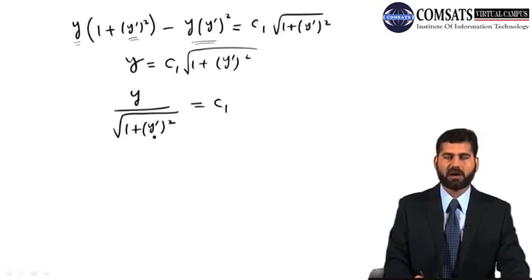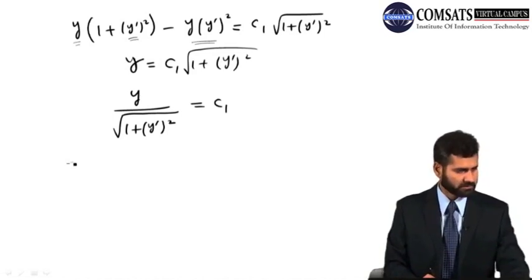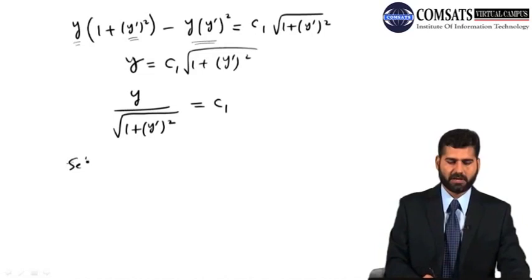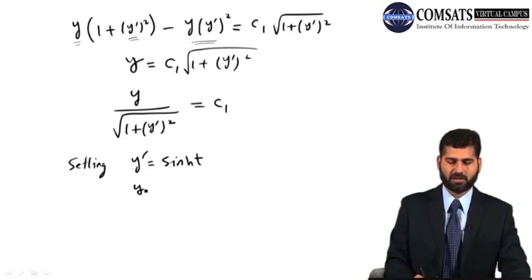Now again, you see y prime is coming here. I can replace this with some parameter to make it easy. So here, if we let y prime be sine hyperbolic theta, I will get y over square root of 1 plus sine hyperbolic square, which is cosine hyperbolic square.